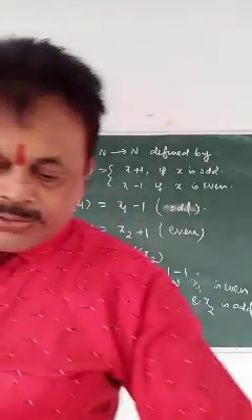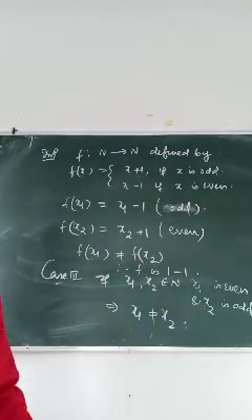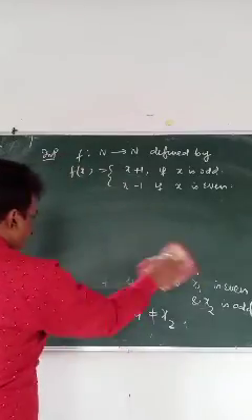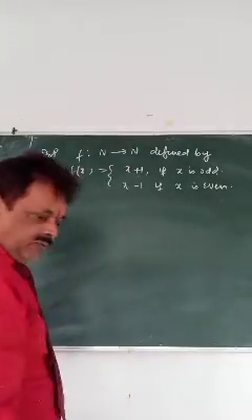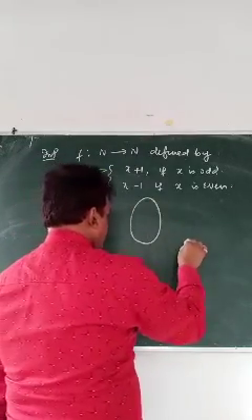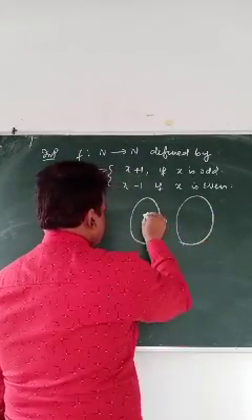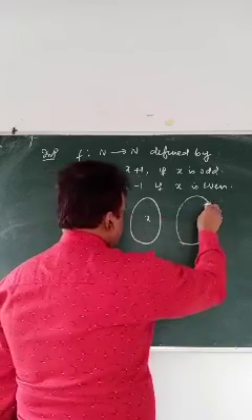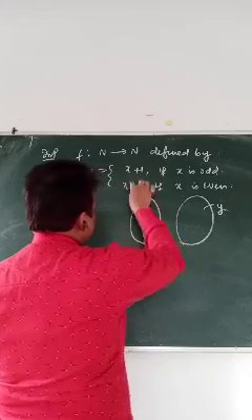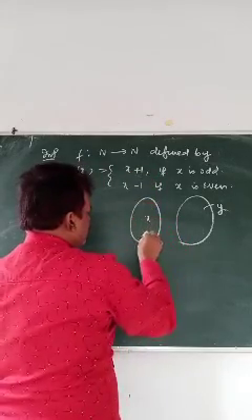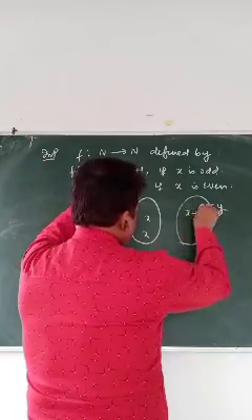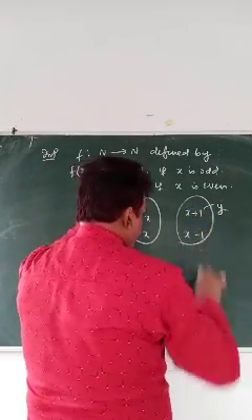Okay. For onto, actually, this is your x, this is your y value. The y value is in this form: x plus 1 form, x minus 1 form.